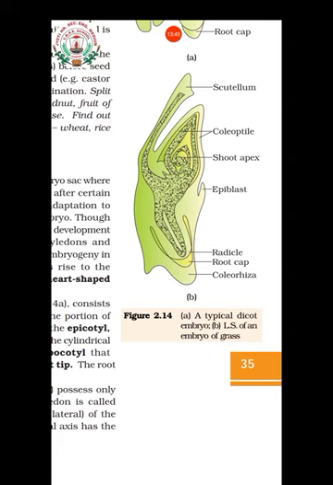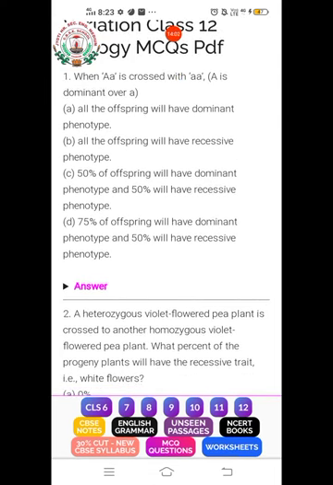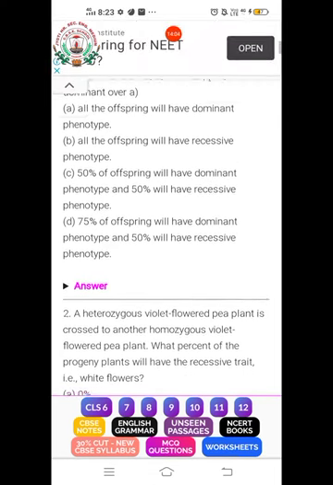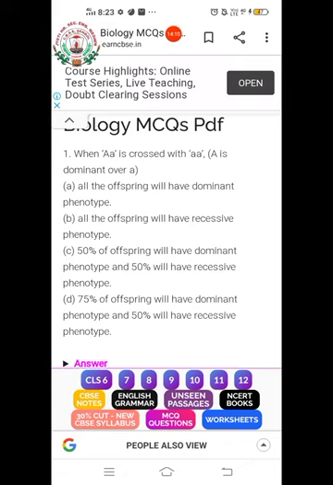That is the first chapter of genetics, the principles of inheritance and variation. First question: when capital A small a is crossed with small a, where capital A is dominant over small a.